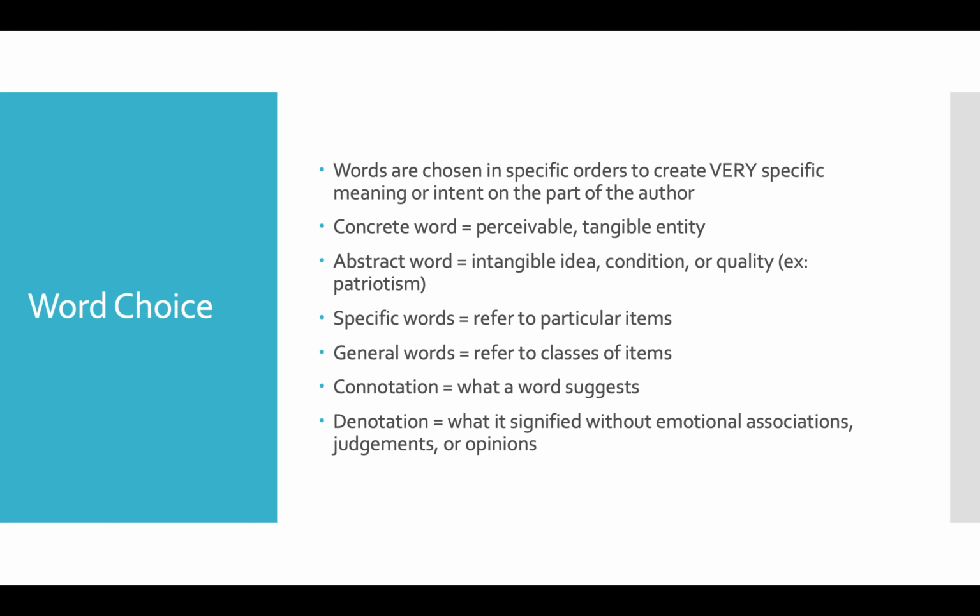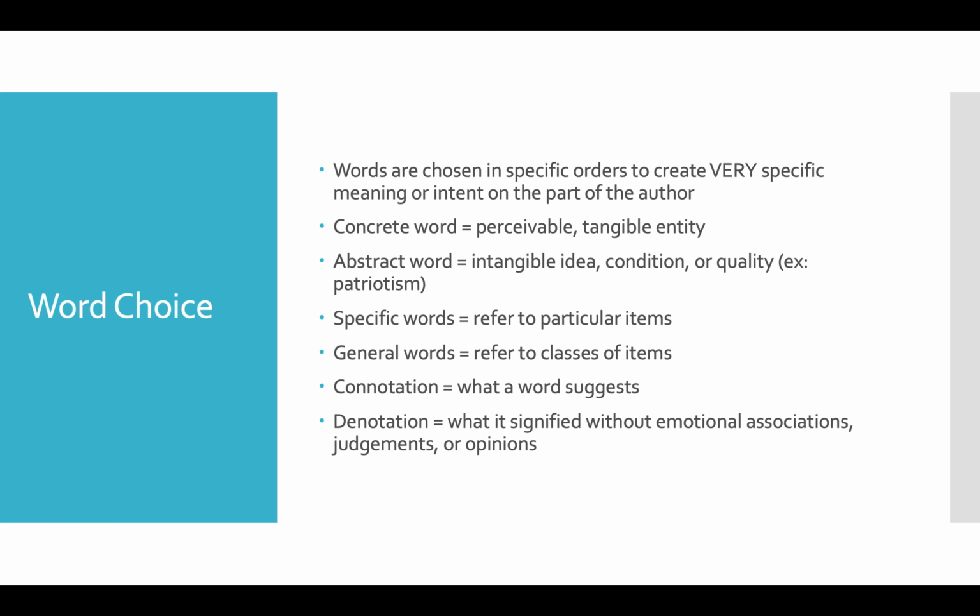So, if I said, he warmed me like a fire, you have an understanding of what fire is. That it's warm, it's comforting, it's inviting. Specific words refer to particular items. General words refer to classes of items.